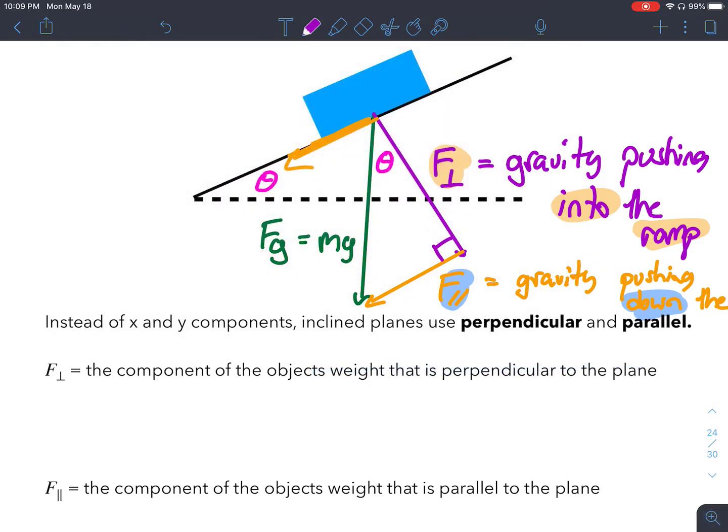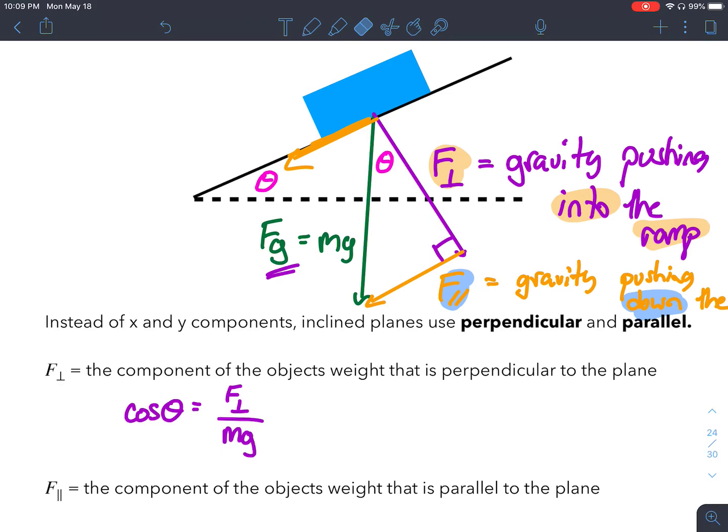Now, if we look at this trigonometry, we're going to assume that we know what the force of gravity is, that we're given the mass, we know gravity, that's totally cool. Which means if we look at the cosine of this theta, we're going to get F perpendicular divided by mg, our force of gravity.